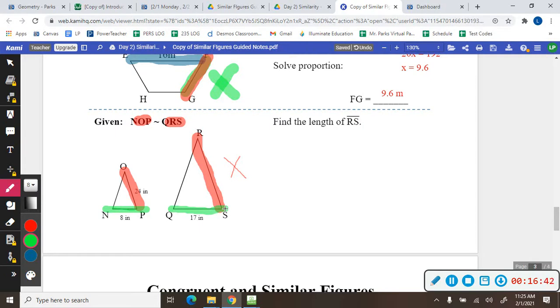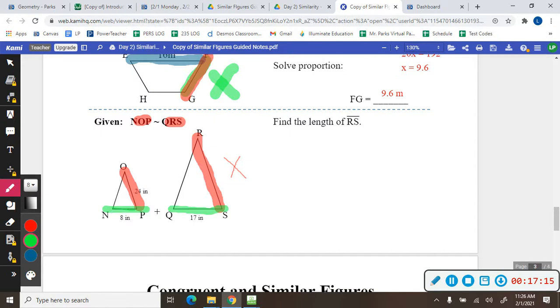And so I always check that because sometimes, especially triangles like these, you assume that because they're both on the right that those sides are proportional, but this could very easily be flipped over and it could have been OP proportional to RQ. So that's why I always check with the similarity statement. So looking at this, I'm going to set it up, and it's your choice, but we do know that OP is proportional to RS.